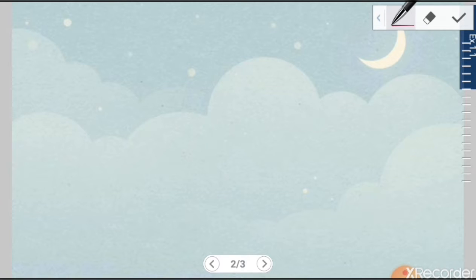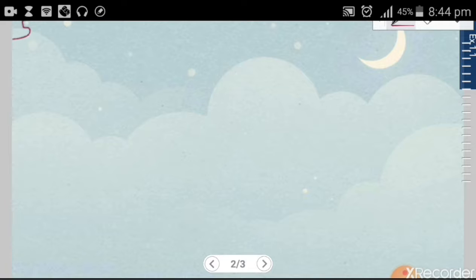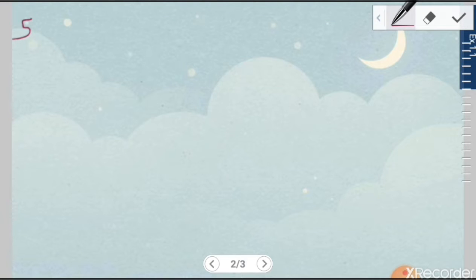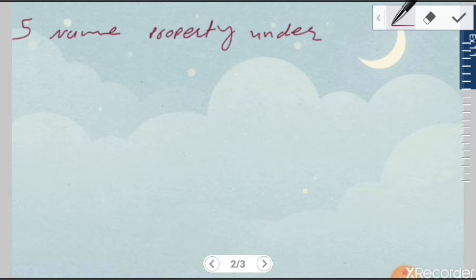And now for Question 5. In Question 5, name the property under multiplication used.